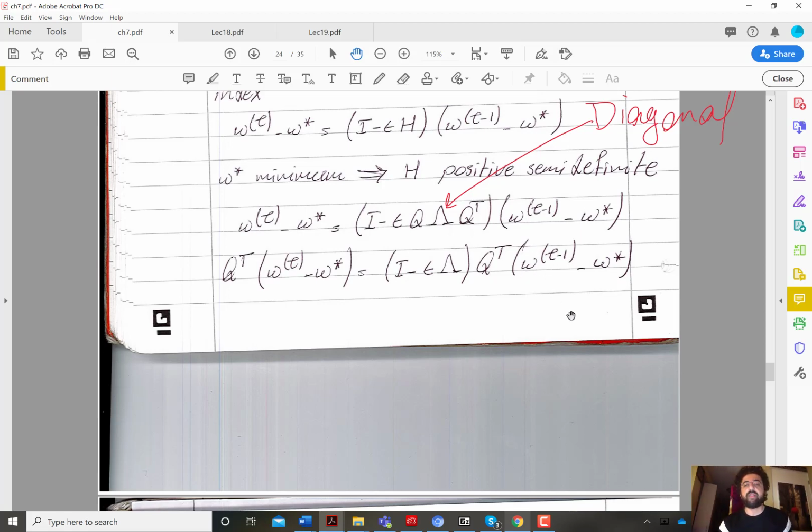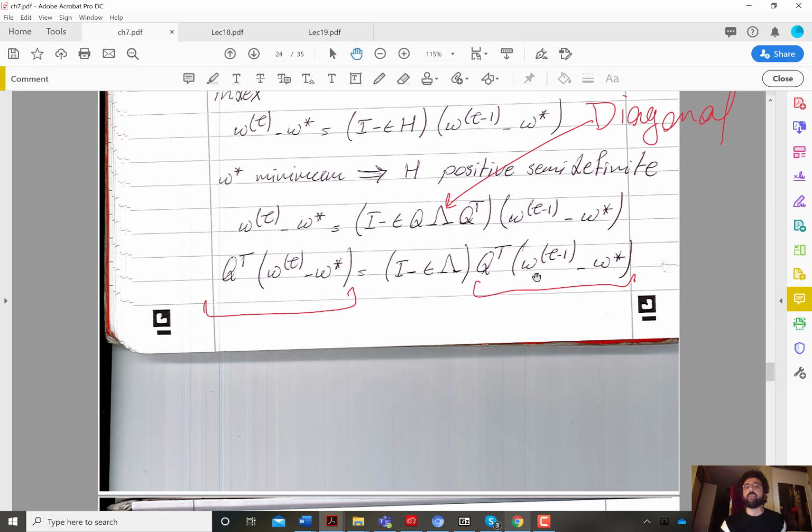So here, this is omega of tau minus 1 minus omega star. So this is the difference of the parameter setting from the unregularized optimal in the last time step, projected on the eigenvectors of the Hessian. And this is the same thing at the current time step. So in every time step, I multiply the same thing by I minus epsilon lambda, right?